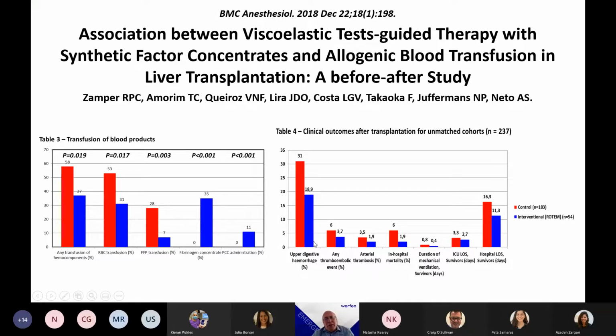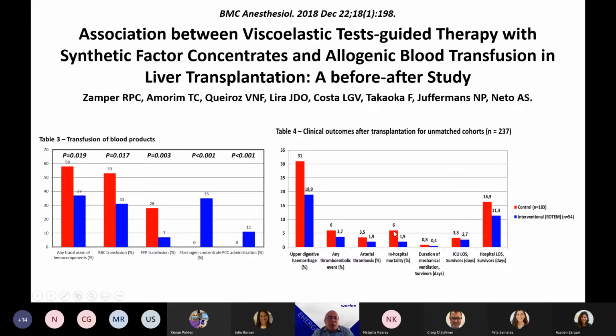More important are the clinical outcomes. So when we look at the incidence of upper GI bleeding, it dropped down from 31 to less than 20%. Any thromboembolic events from 6 to less than 4. Arterial thrombosis, which can be a fatal event in liver transplantation, from 3.5 to 1.9.